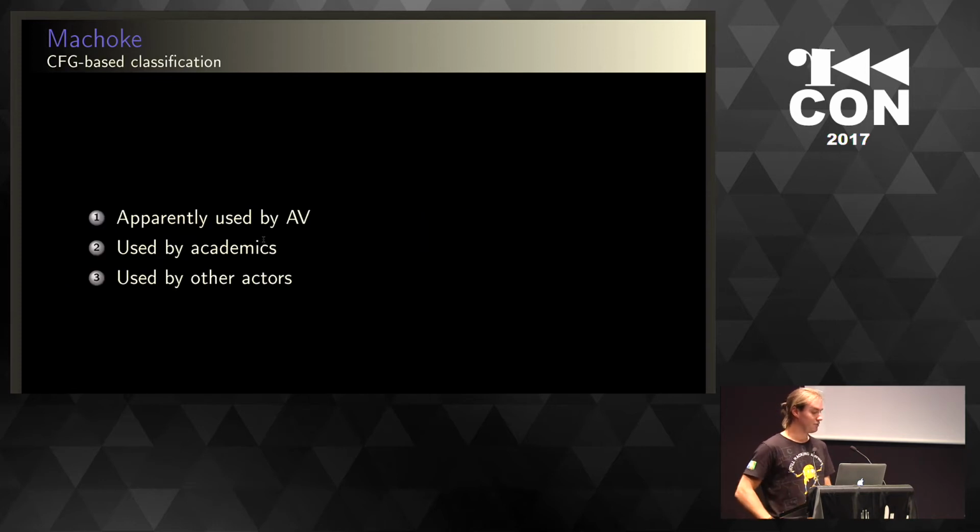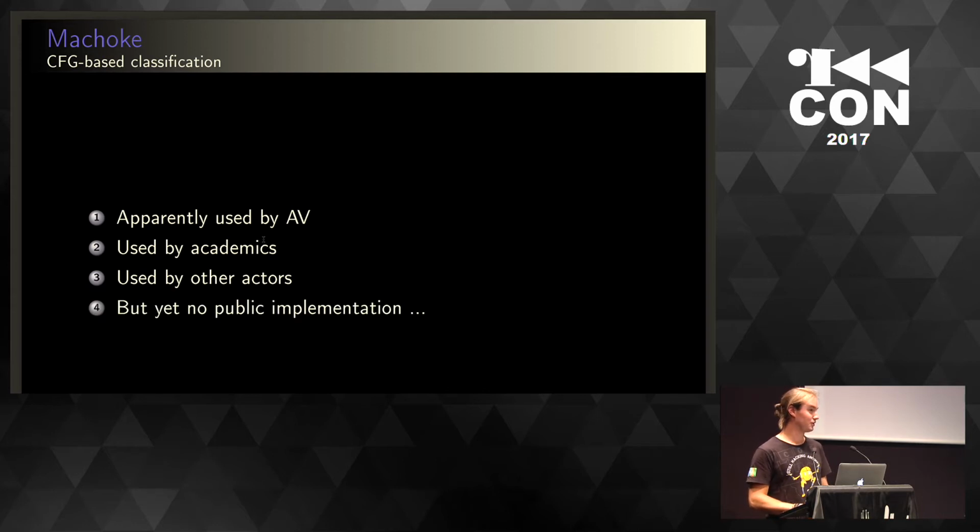So, why CFG-based classification? Apparently, it's used by antiviruses as a kind of last resort to tell if a sample is malicious or not. It's also used by academics and other entities to conduct research on malware.